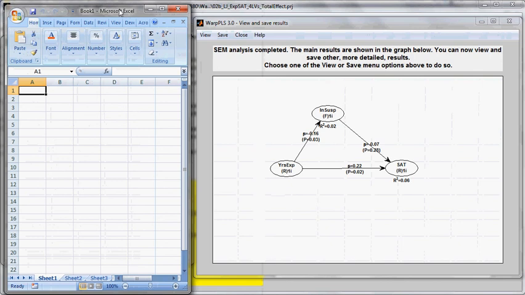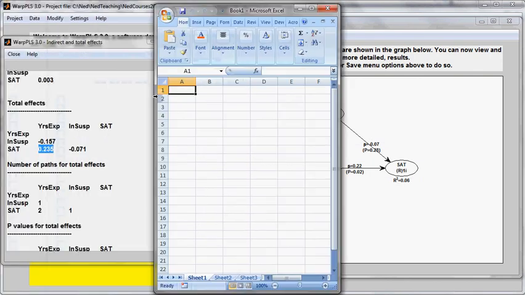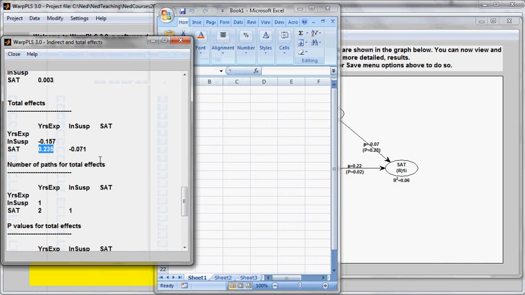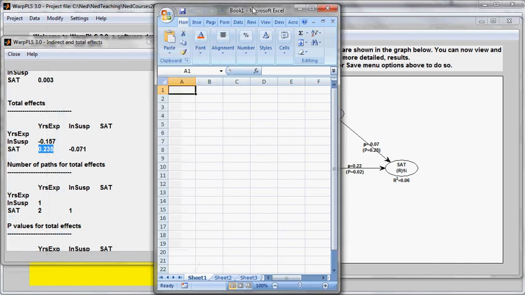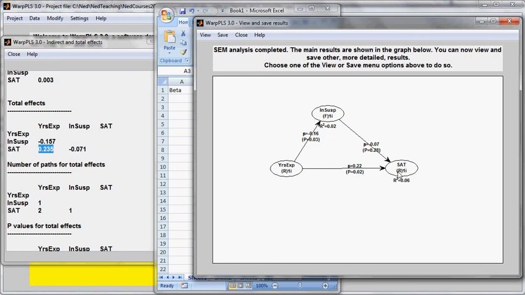So first of all, let me get this number here. So this is the path coefficient. So the beta coefficient is 0.235, and I'm going to get now for years of teacher experience and SAT scores the means and standard deviations.